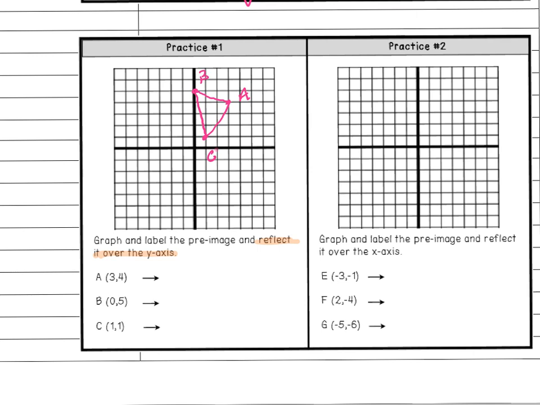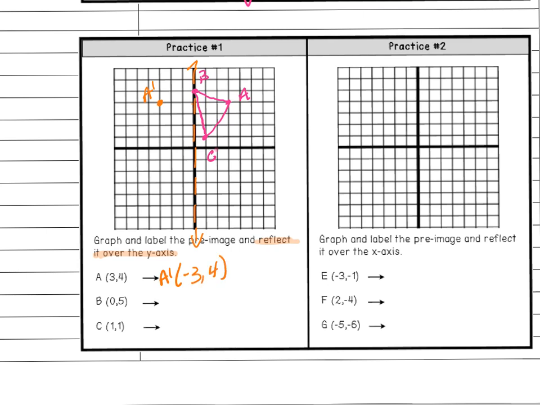And now I want to reflect it over the y-axis. So I'm going to just put a dotted line where my mirror is. Okay, so there's my mirror. So A prime is how far away from my mirror? 1, 2, 3. So it's going to be 1, 2, 3. A prime. And A prime is located at -3, 4.